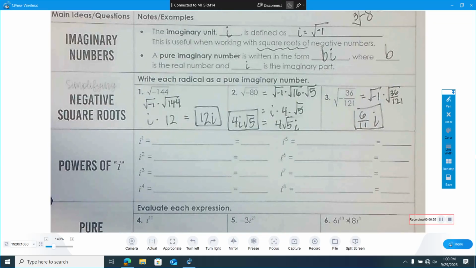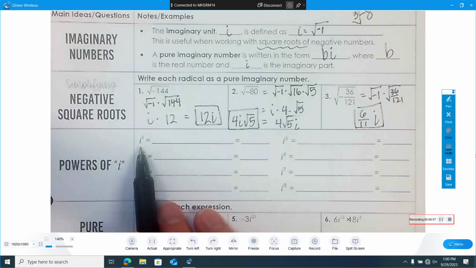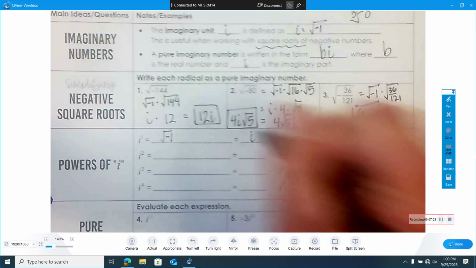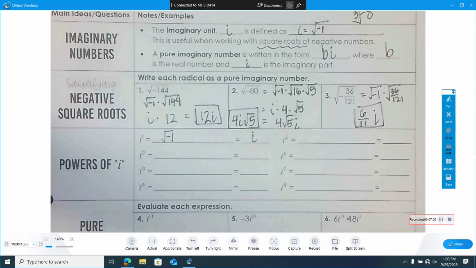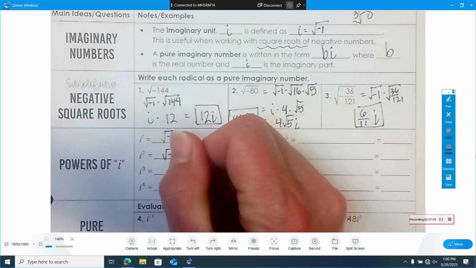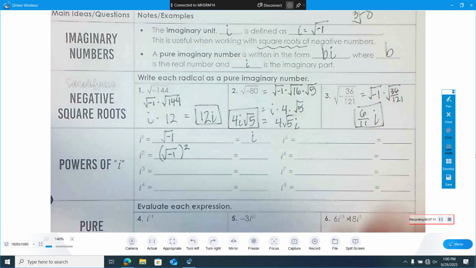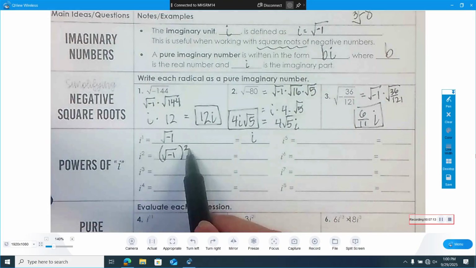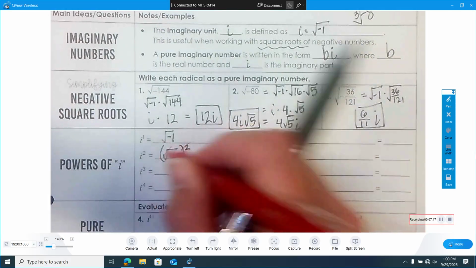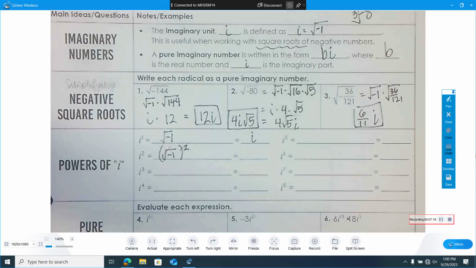Well, we're going to see some. But we know that i to the first is the square root of negative 1, and we call that just i. Well, i squared would be the square root of negative 1, and we're going to square that. What happens when we square a square root? Yeah, it cancels itself out. And what does it leave behind?